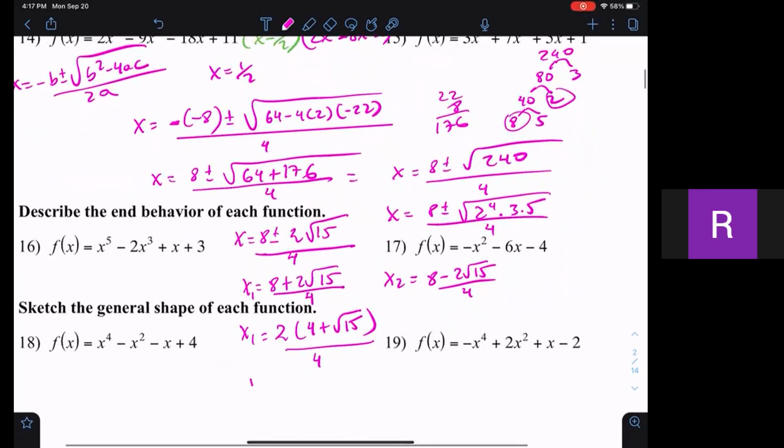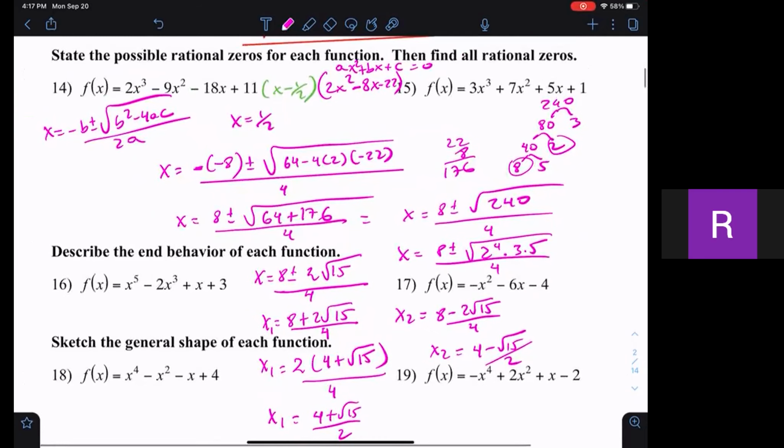So that implies that x1 equals 4 plus root 15 over 2. And then you can do the same here, so this is going to be 4 minus root 15 over 2, because they're the same numbers with different signs. That's it. That's the answer. It was long because we have to do the quadratic formula. That's all.